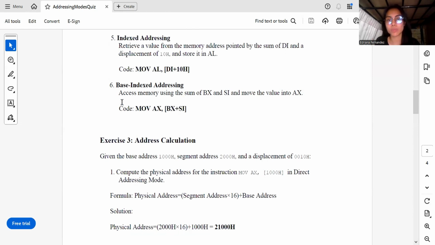The value of the memory location calculated by DI plus 10H is moved into the AL register. Lastly, we have the based index addressing. Here we need to access memory using the sum of BX and SI and move the value into AX. So the value of the memory location calculated by BX plus SI is moved into the AX register.